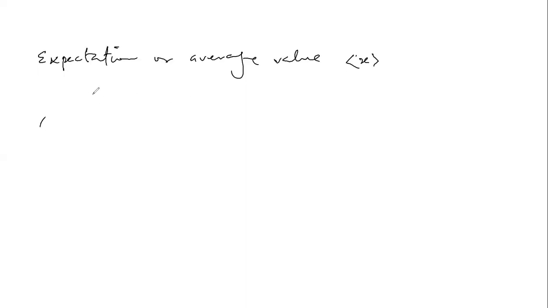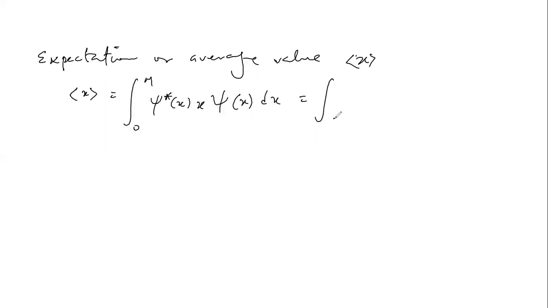And there we were able to specify that the expectation value of the position is the same as taking the integral, given the limit, say 0 to m, of psi conjugate x psi dx, which is the same as the integral of x times the probability distribution function, okay? So this is just a recap of what we mentioned in class.